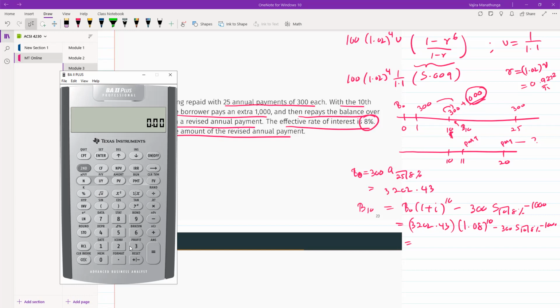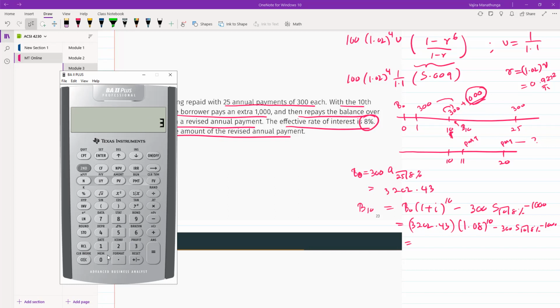Let me check the B0 is right or not. Just want to make sure I have the numbers correctly. 300 for payment, 25 for N, 8 for rate, 0 for future value, compute present value. Yes. So now again, let's reset this now.